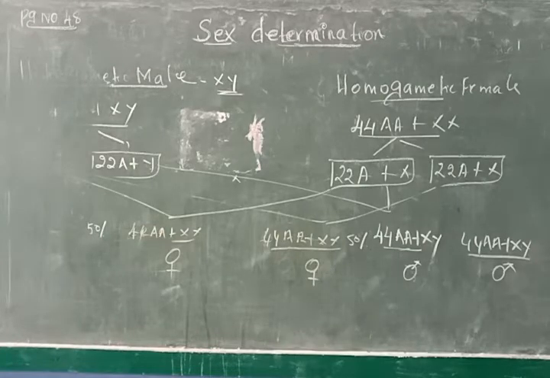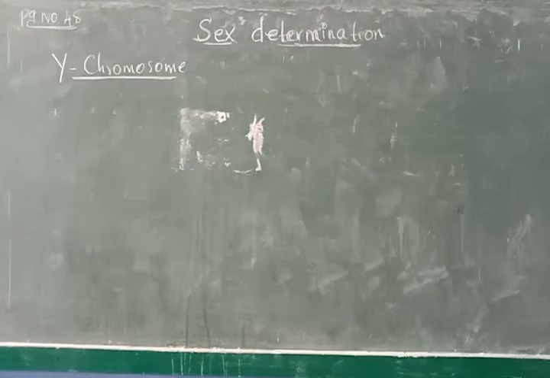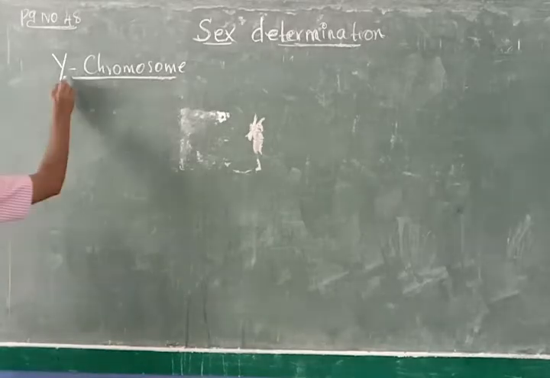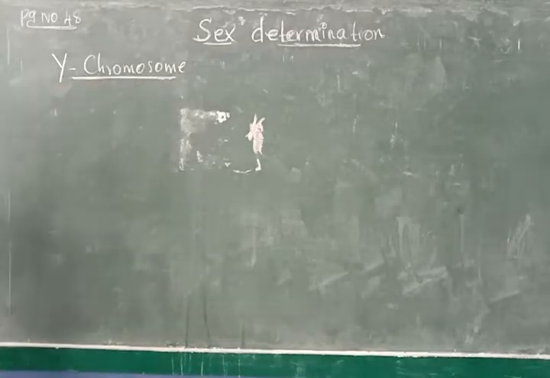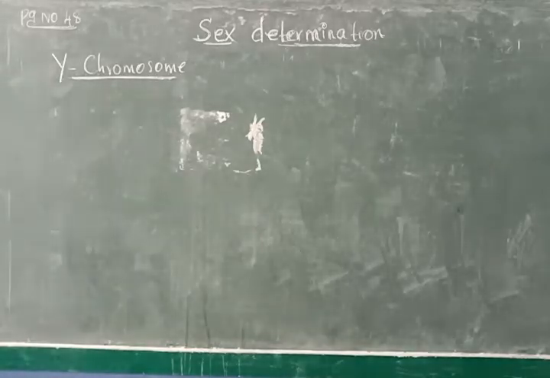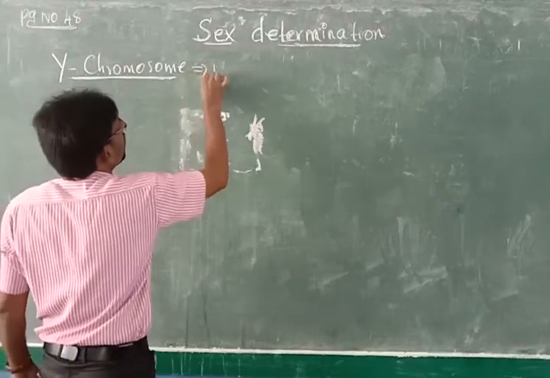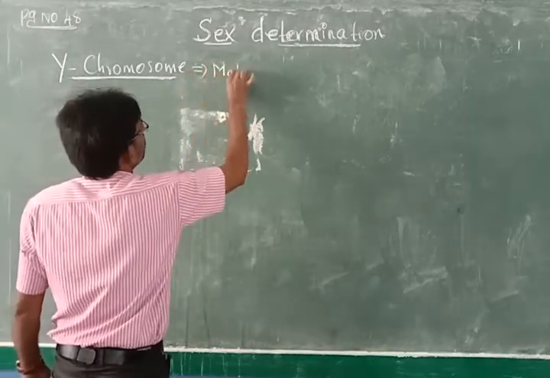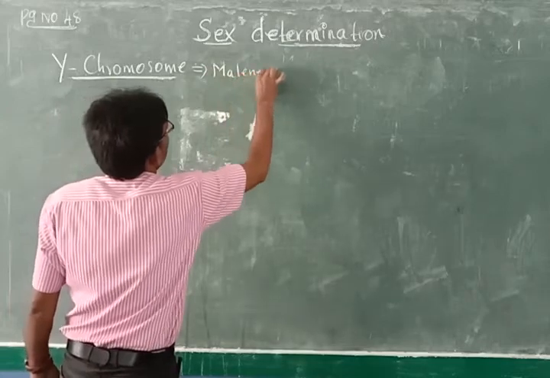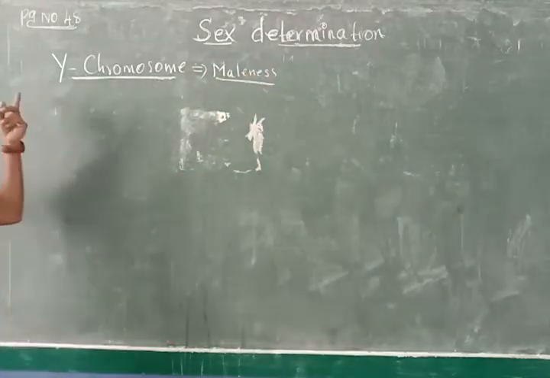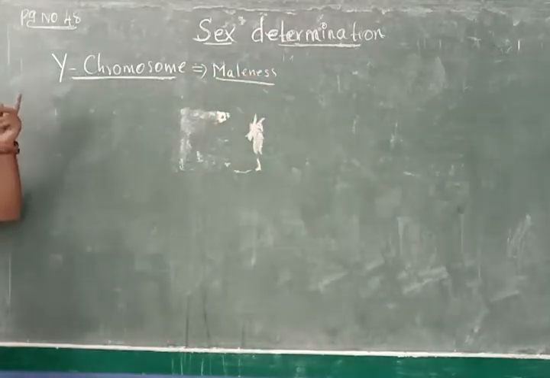Then what is homomorphic. Okay, the next topic is that we are going to study some extra information regarding the Y chromosome. The Y chromosome is very important for deciding maleness. Maleness is decided by the Y chromosome, which is located in the sex chromosomes.